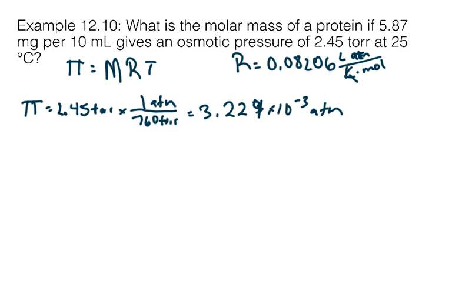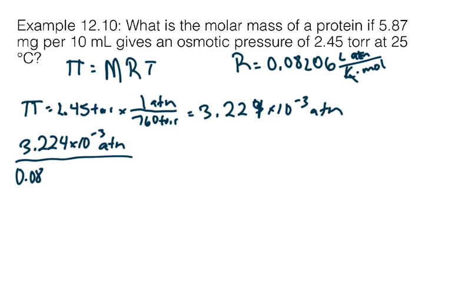Then I can take my 3.224 times 10 to the minus 3 atmospheres, divide it by 0.08206 times 25 plus 273 is 298 Kelvin.